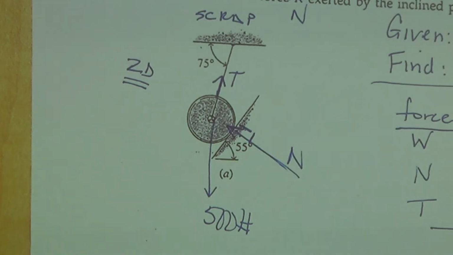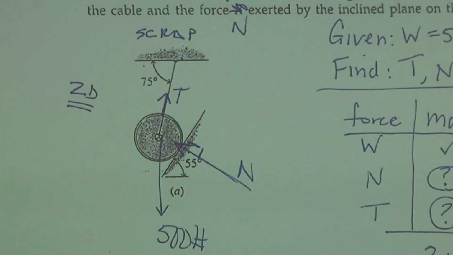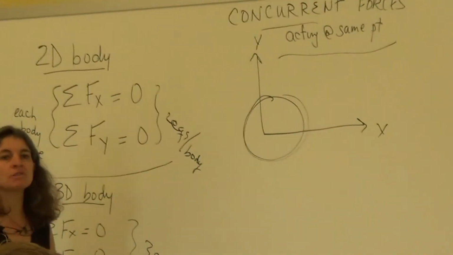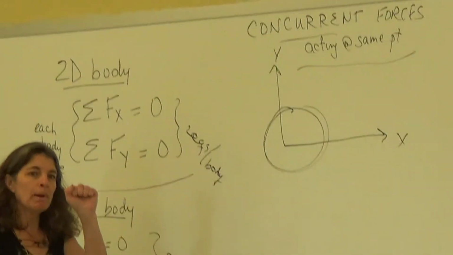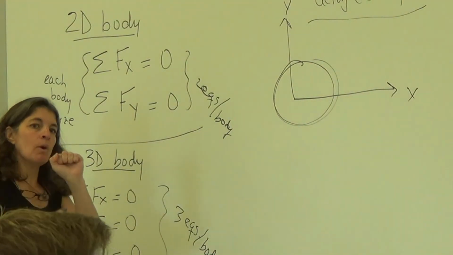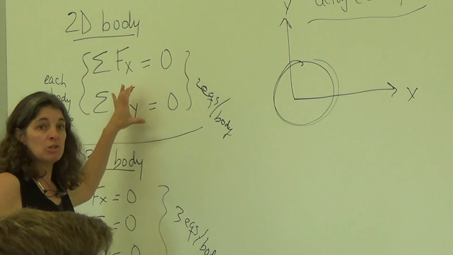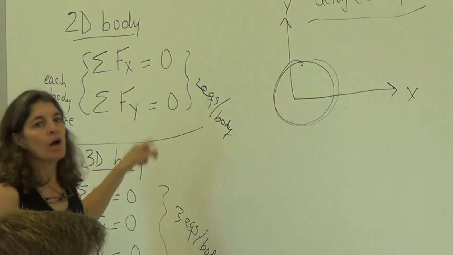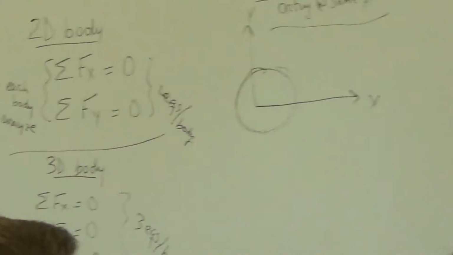And I need 2 equations, so how many bodies do I need to analyze? Let's try it again. For each body, I could get the sum of the forces in the x and the sum of the forces in the y equals 0. So that's giving me 2 equations, and I need 2 equations. I only have to do one body. Okay?